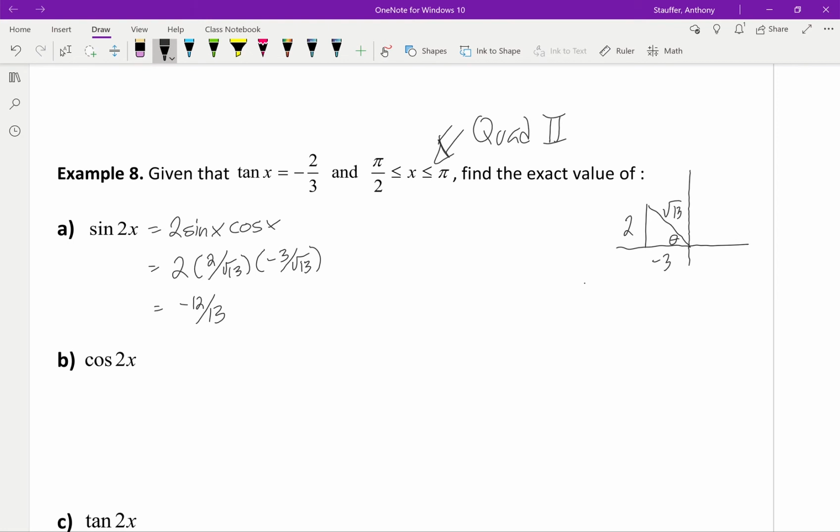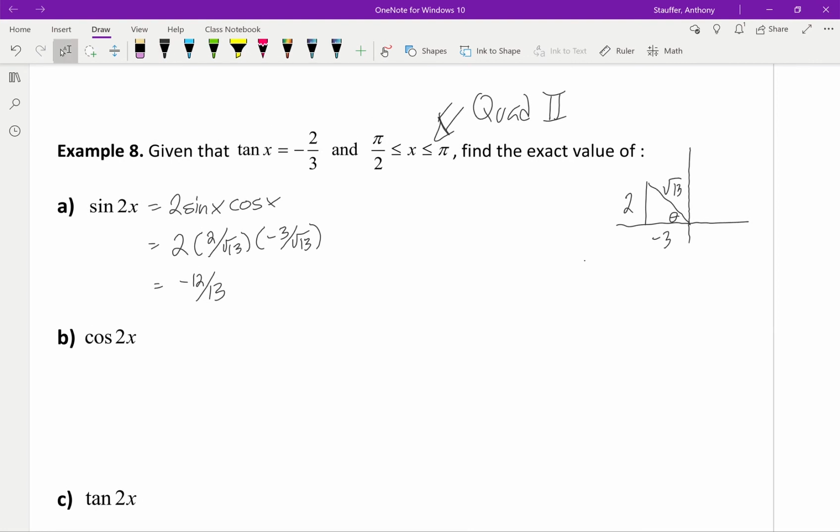For my cos 2x, it does not matter which formula I use. I can use any of the 3 formulas and they will all give me the exact same value. To stay consistent with the answer key, I'm going to go cos squared x minus sine squared x, which, just so you guys remember, will give me cos x squared minus sine x squared.